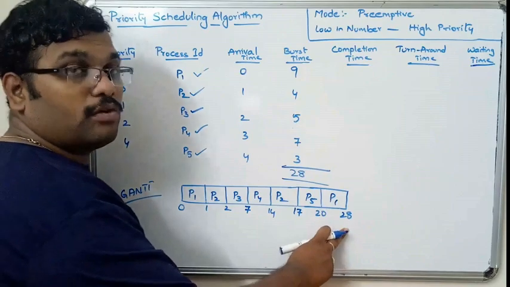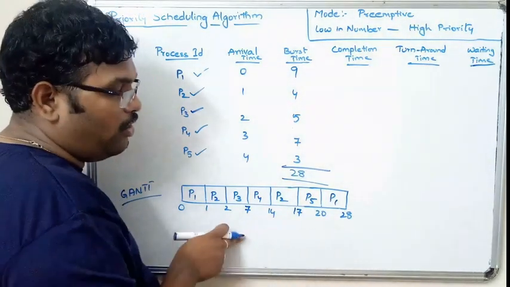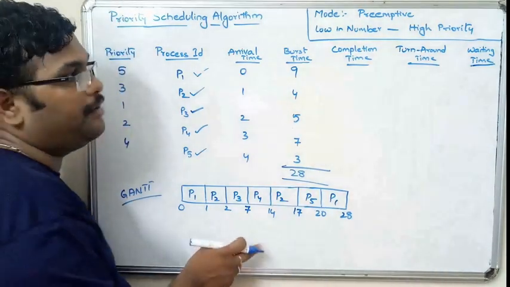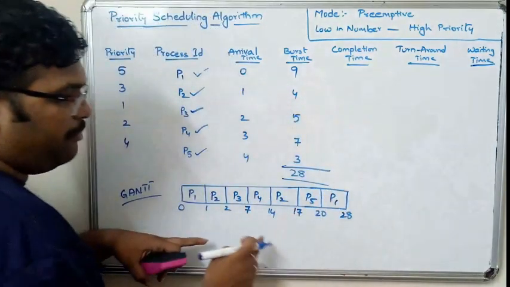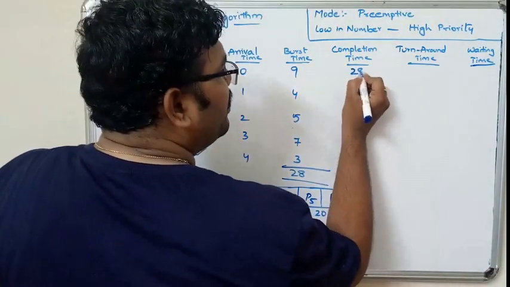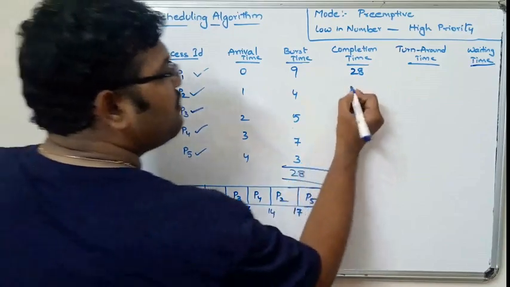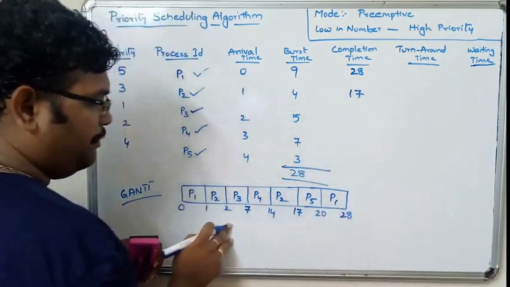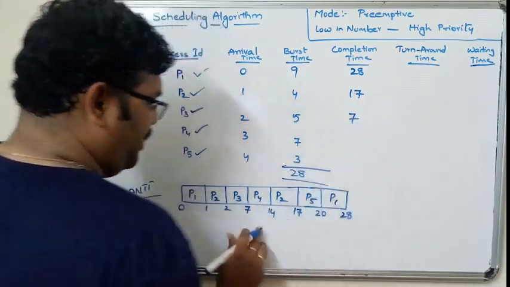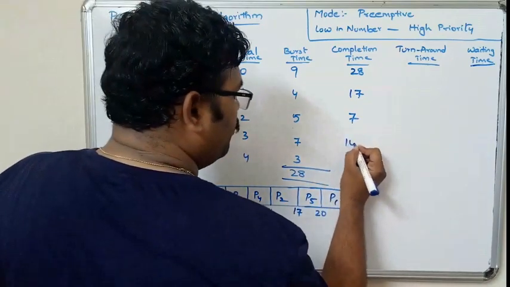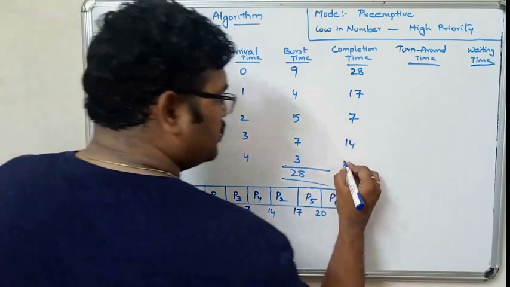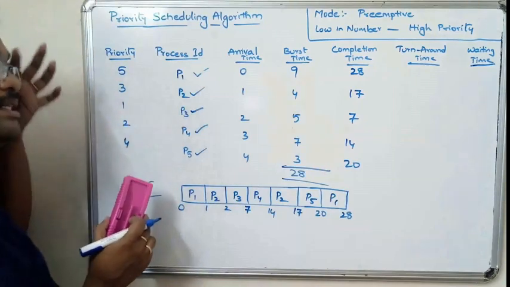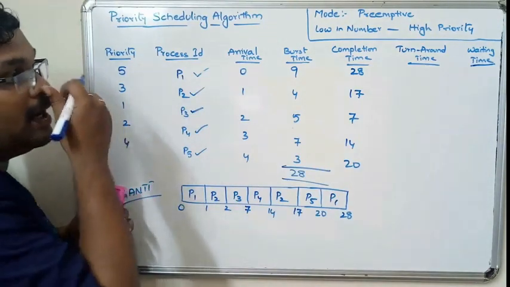Here also it requires a total of 28 milliseconds to complete all the processes. Now let us write the completion time. P1 is completed at 28, P2 at 17, P3 at 7, P4 at 14, and P5 at 20. This is the completion time for each process.